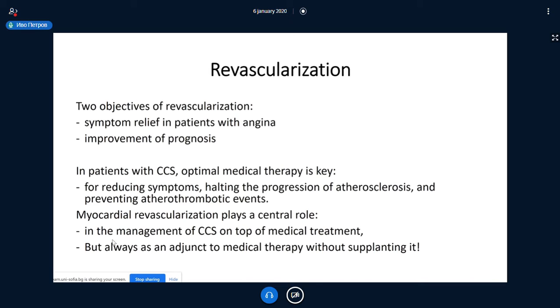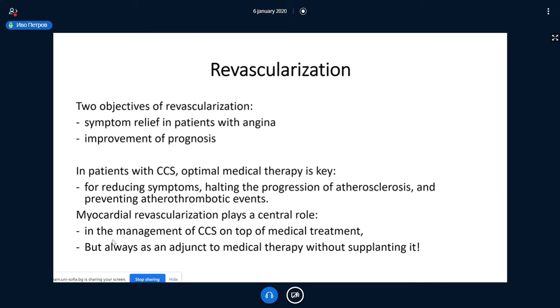With revascularization, we are also trying to improve the prognosis. So revascularization, in fact, is completing the two goals: to improve the prognosis and to relieve the symptoms.